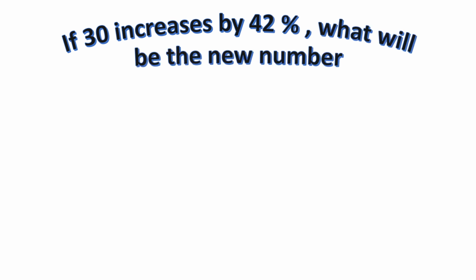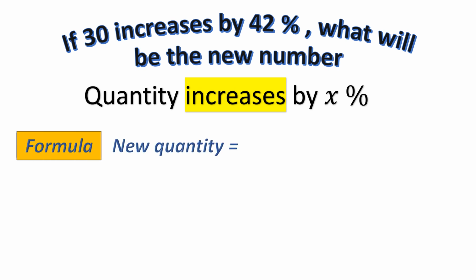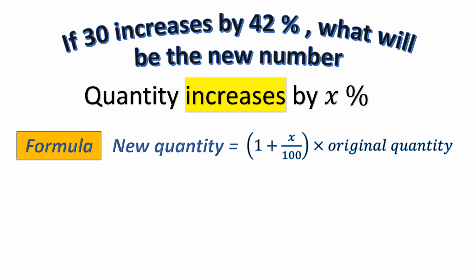Let's take this example. If 30 is increased by 42%, what will be the new number? So, here the quantity increases by X%. The formula, as I have already told you, is new quantity equals 1 plus X by 100 into original quantity.